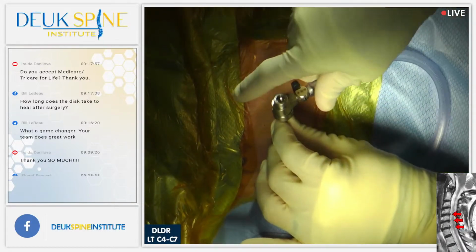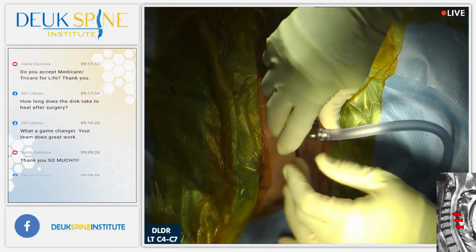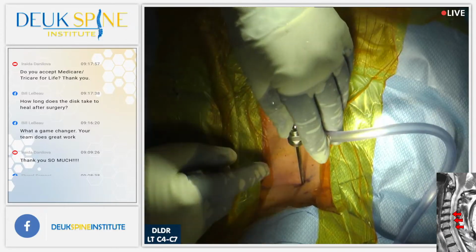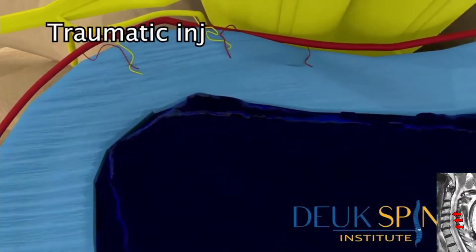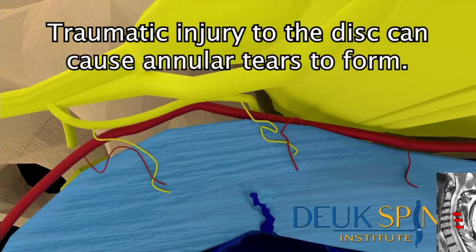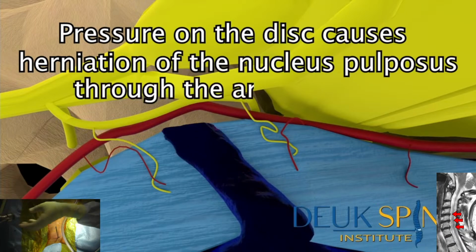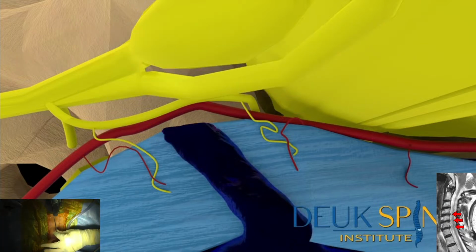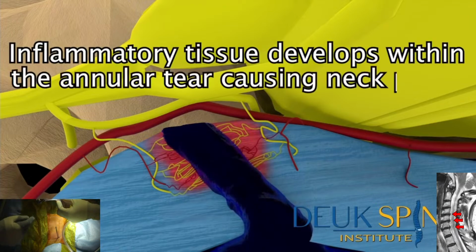Let's go ahead and show our audience why do disc herniations, annular tears, why do they cause so much pain? Traumatic injury on the disc can cause annular tears to form. Pressure on the disc causes herniation of the nucleus pulposus through the annular tear. Inflammatory tissue develops within the annular tear, causing neck pain.